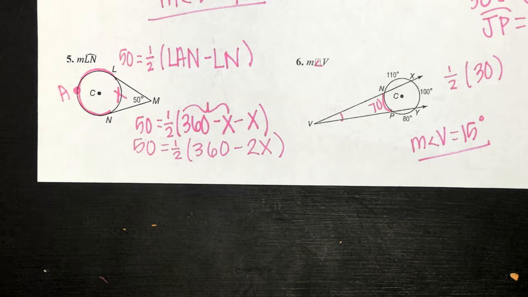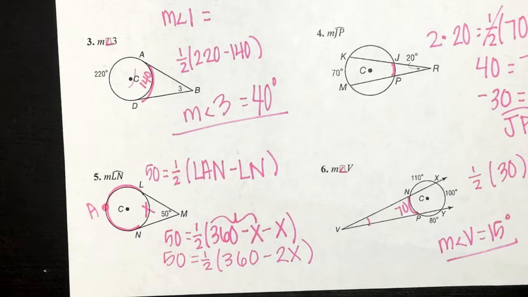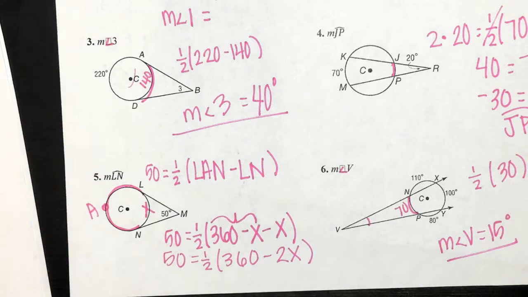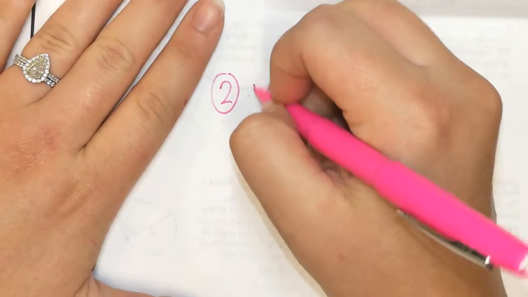Okay, I just passed out your homework. I want you to do evens. Evens only. I'm going to give you the answers because I want you to check yourself to make sure that you have the right answers. Okay, so if we're doing evens, number 2's answer is 137.